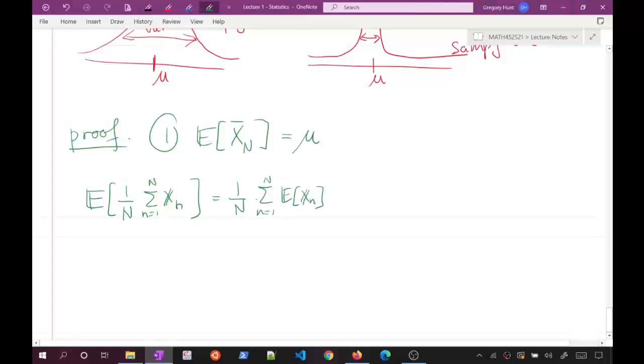And so we have 1/n times the sum of the expected values, and each of those has an expected value of mu. So we get 1/n times n mu's, which of course just gives me mu. So the first fact is actually not so bad.